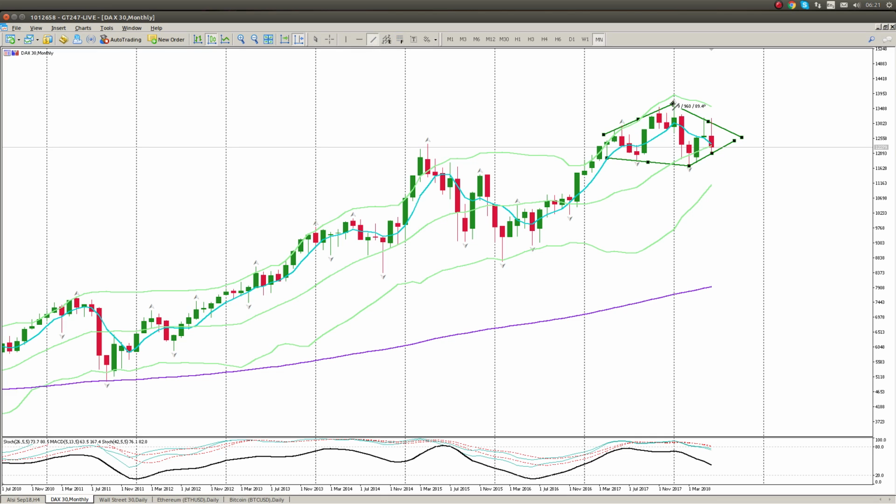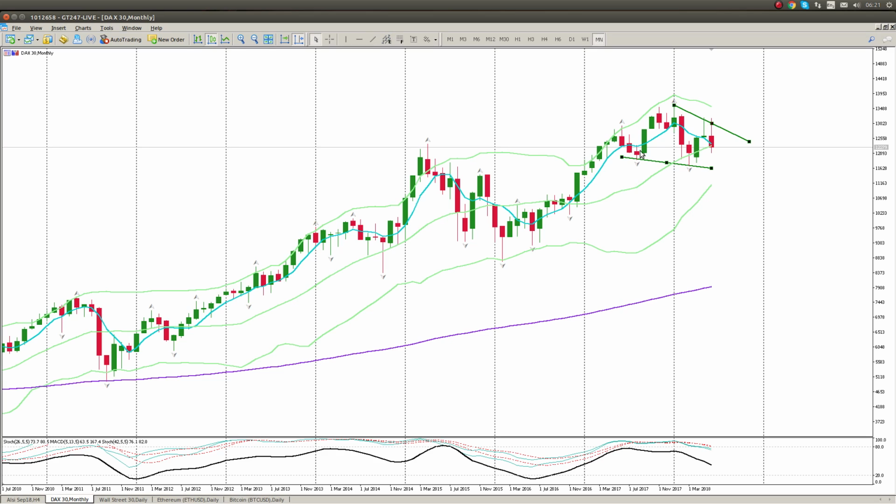Typically when it does break, it gets quite violent and moves in the direction of the break. So what we're waiting for is a break of this either way. A break to the downside would validate your head and shoulders. A break to the upside would validate a different picture, which is pretty much that consolidation triangle or wedge.